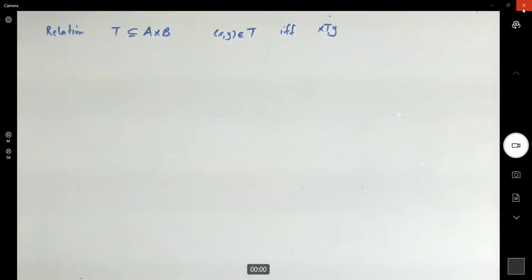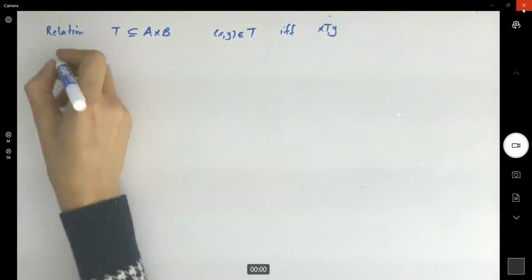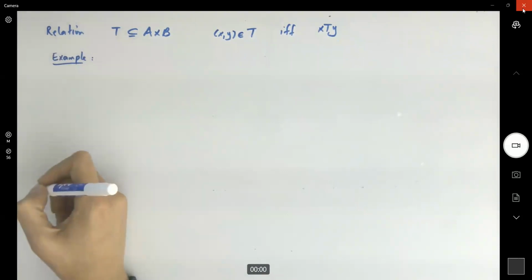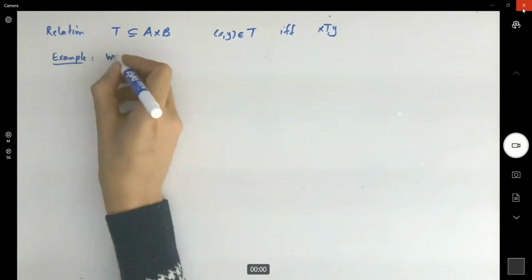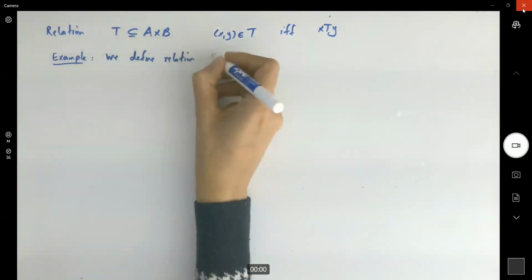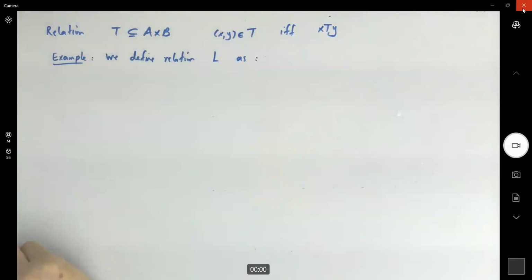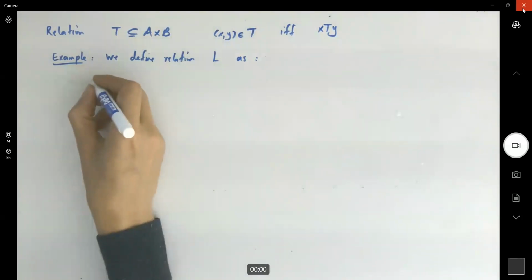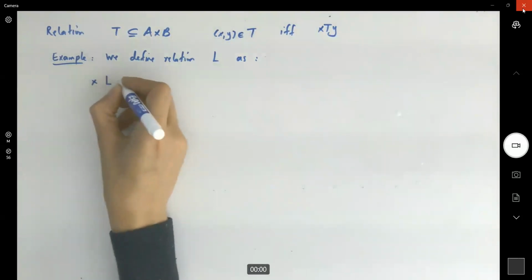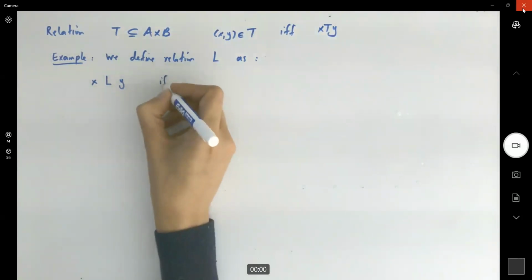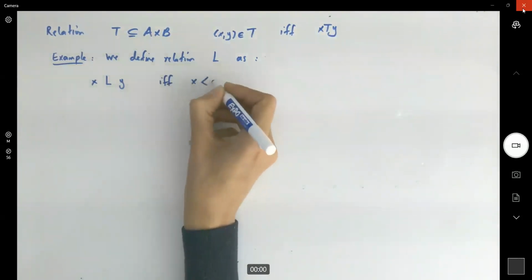For example, I'm going to define a relation this way. We define relation L as follows: x is in relation with y through L if and only if x is less than y.